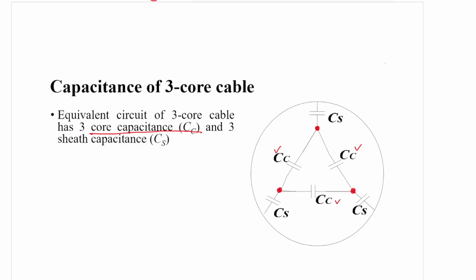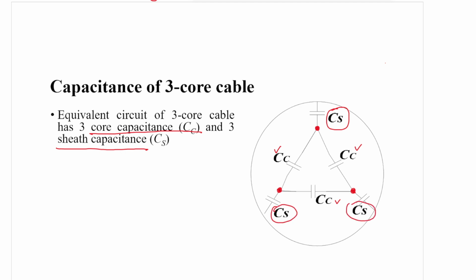So another 3 capacitances are formed, called Cs, the sheath capacitances.